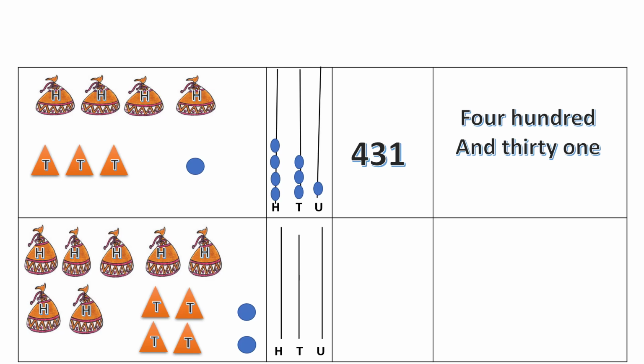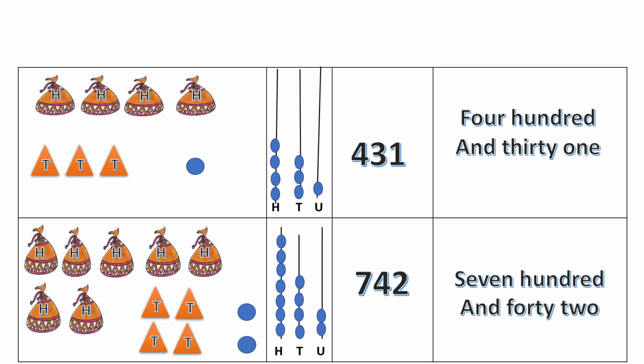So we string 7 beads in the hundreds wire, 1, 2, 3, 4, 5, 6 and 7, and we string 4 beads in the tens wire, 1, 2, 3, 4, and in units we string 2 beads. In this way the number makes 742. We read and write it as 742.